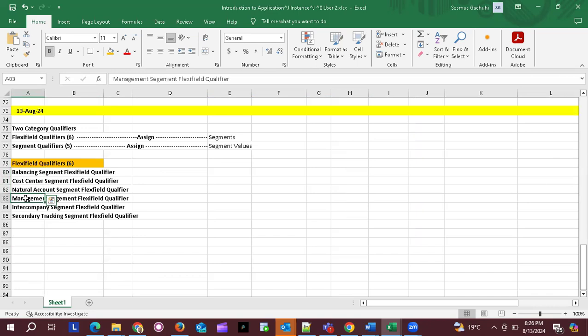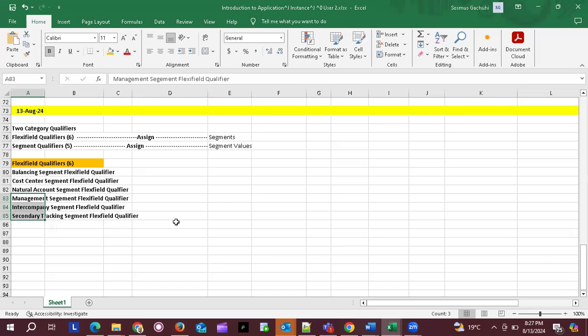These other, you may find they apply to different scenarios when it comes, for instance, if there is companies, for instance, for the company segment Flexfield qualifier. If there are more than one company and the business wants to have some kind of interaction and management of one company and the other because they relate, this information or these segments, Flexfield qualifier will be used.